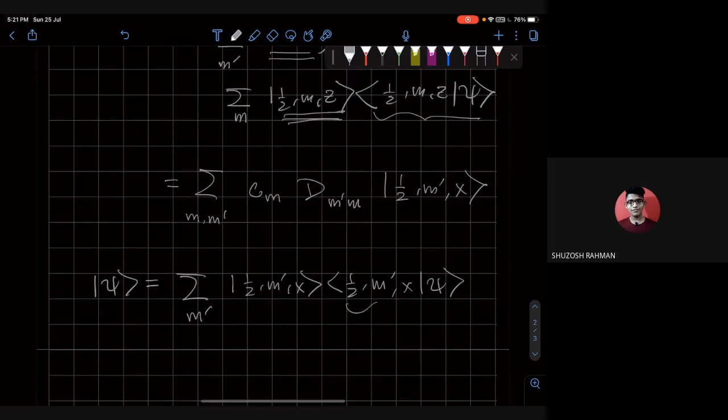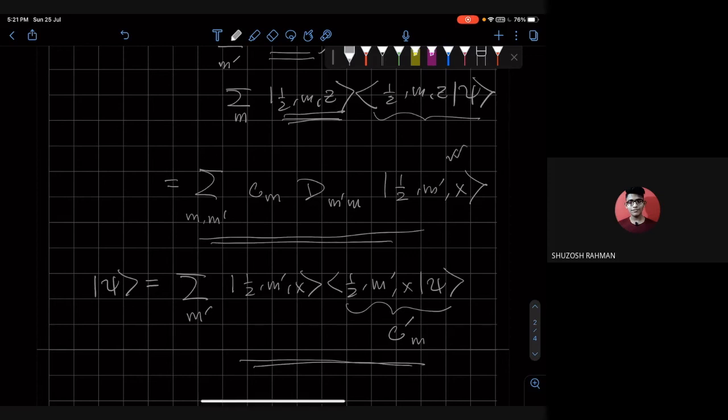And these are constants. Let me call them C prime of M. So this thing is equal to this thing. So here we see the same basis vectors as here. So we can equate the coefficients.